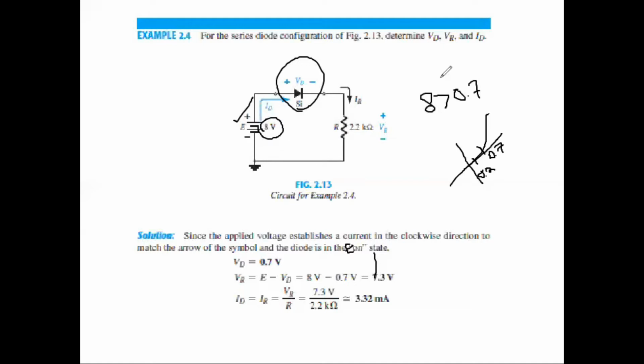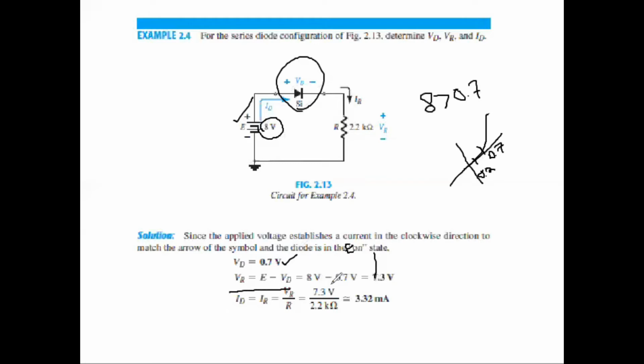If the value is greater than 0.7, it will conduct the current, so that's why the value of VD is equal to 0.7 in the conduction region.